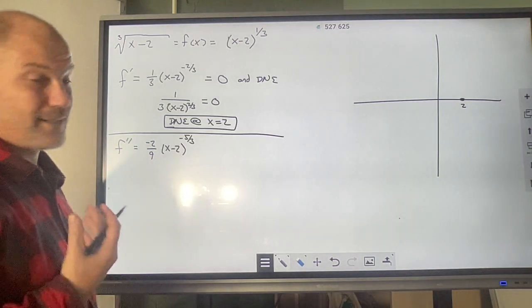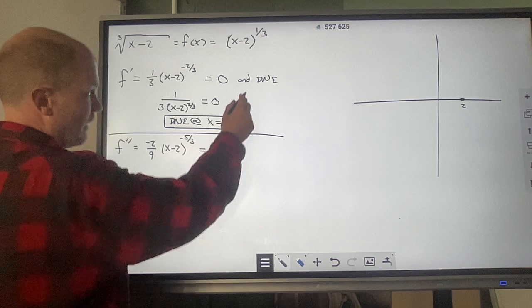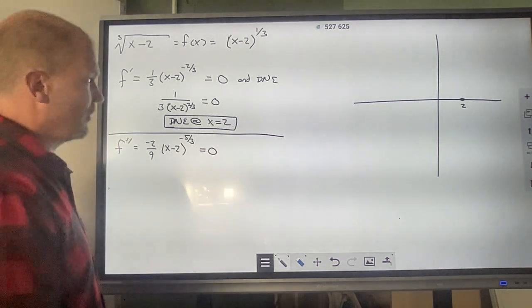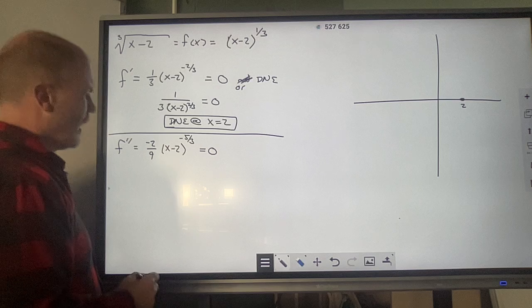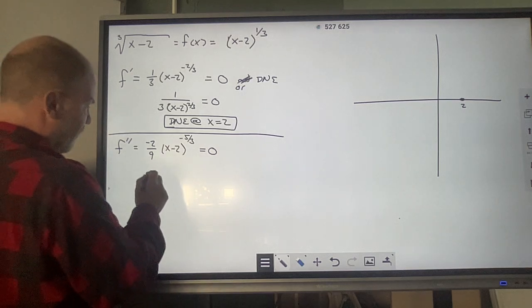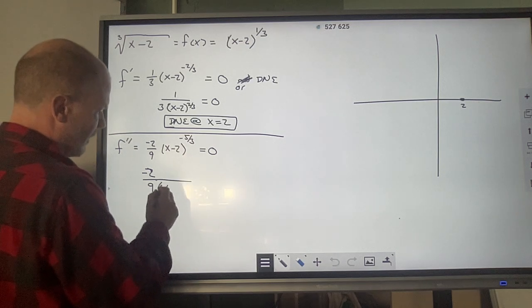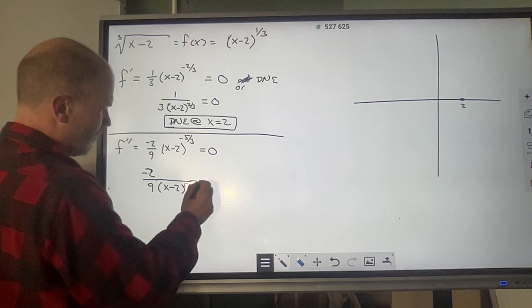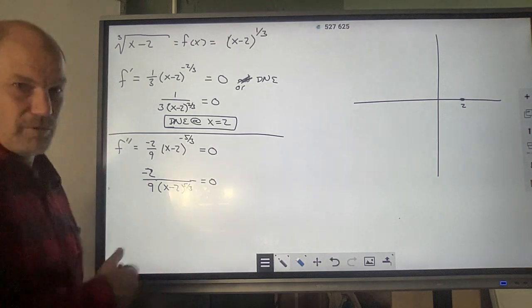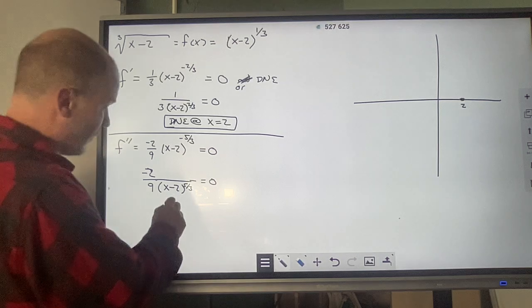Okay, so I have the same exact question to figure out, which is when is it 0 and DNE, or DNE I should say. I shouldn't have said and, or DNE. And I'm going to write it in good algebraic notation, and I'll put this in the denominator, (x minus 2) to the 5/3, and we'll notice again, the numerator will never be 0, so we don't have to worry about zeros, but we do have to worry about DNEs.